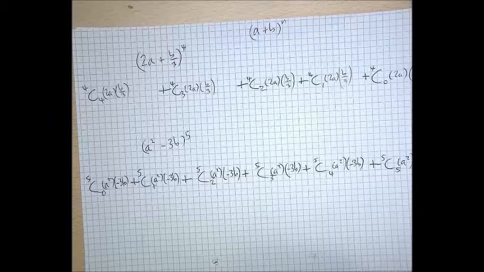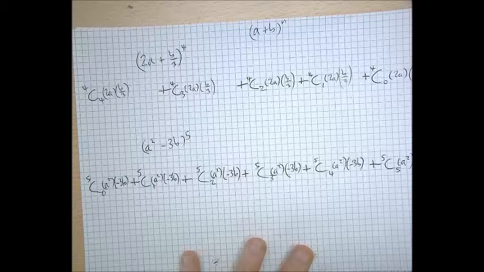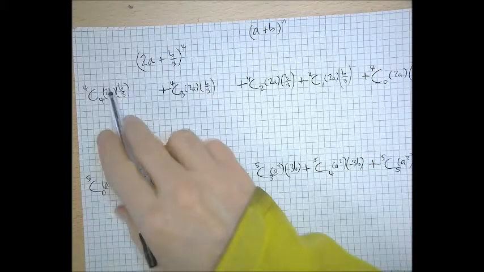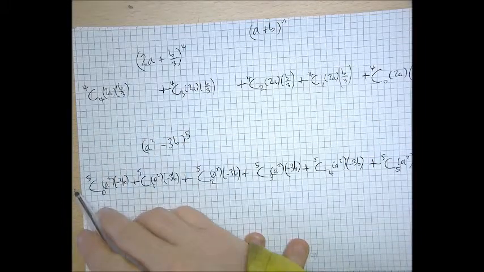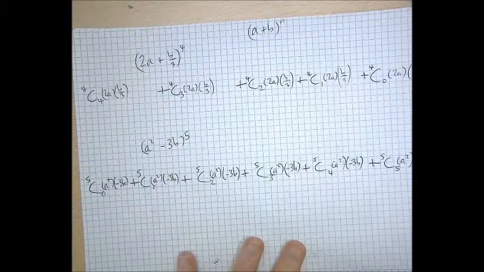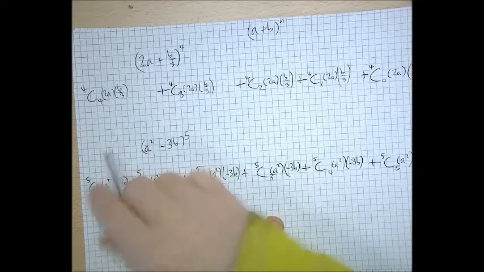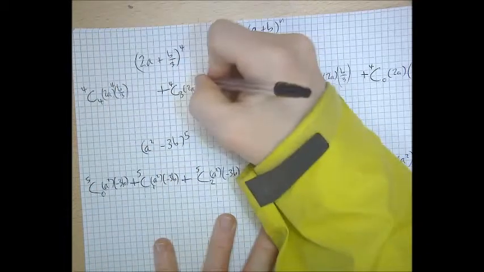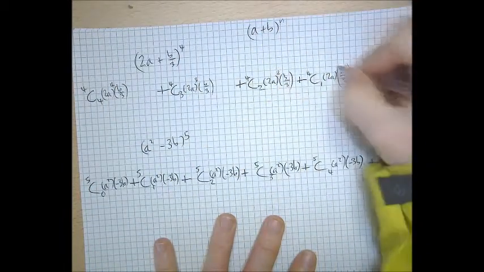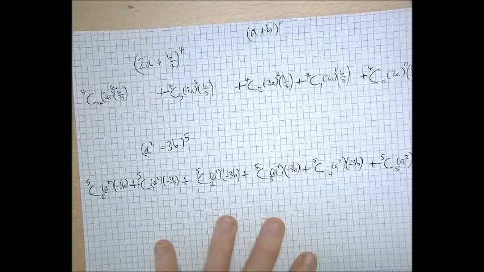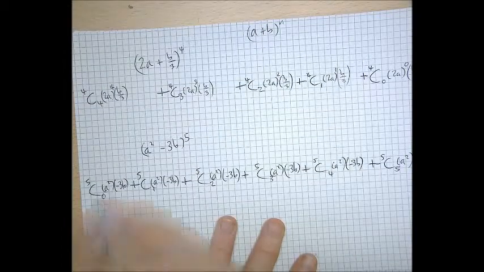Now what you do is, depending on the instructions, so if it says increasing powers of A or whatever, then you obviously have to follow that. But you now, on each of these expressions, you do a count down and a count up. So if I was asked for decreasing powers of A, I would do a countdown on the A business. These are powers now. And you must do one counting down and one counting up.